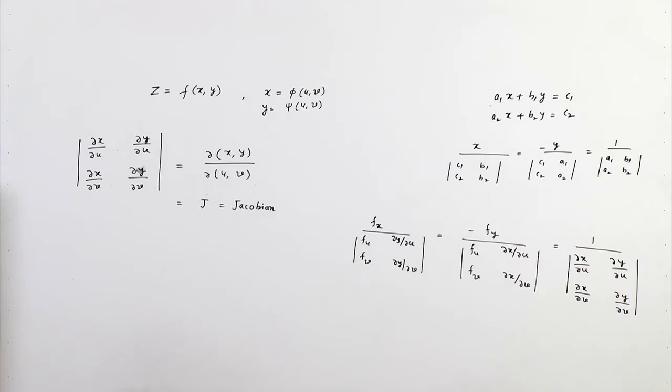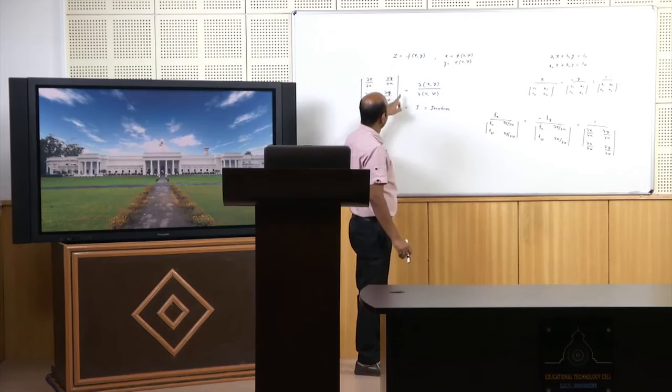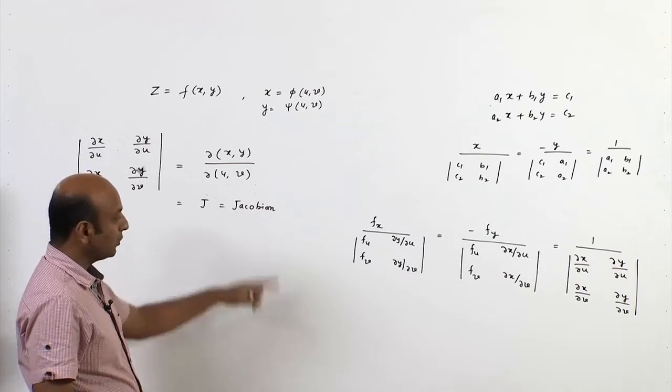This term, which is this determinant, we call the Jacobian.